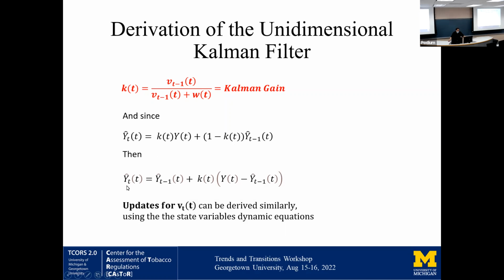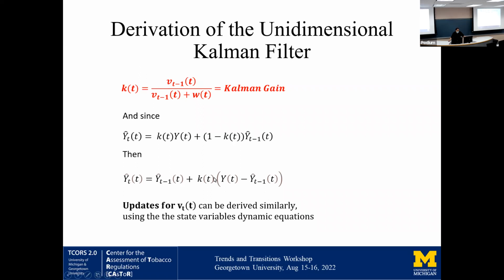So finally, with this formulation, what we are doing in Kalman filtering is the following. I want to estimate the state of the system at time t after I collect my last observation, or the last vector of observations. And then what I'm going to do is take what I projected for this period, plus a correction to what I projected for this period.